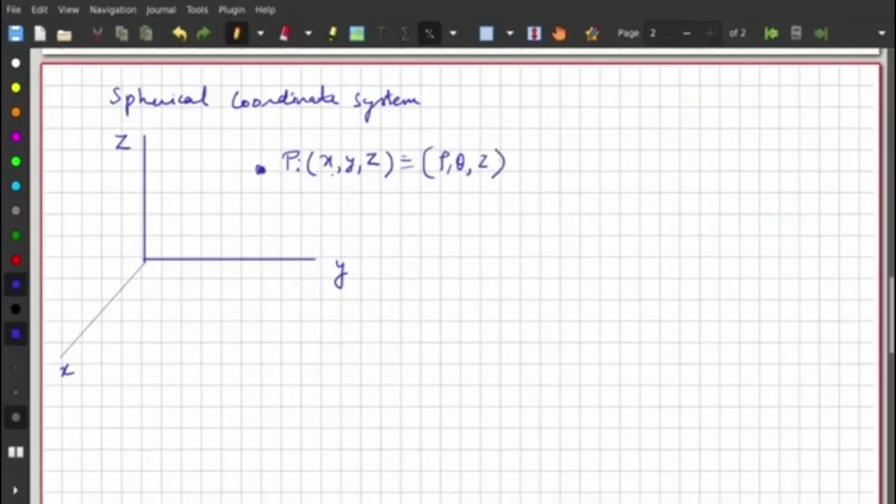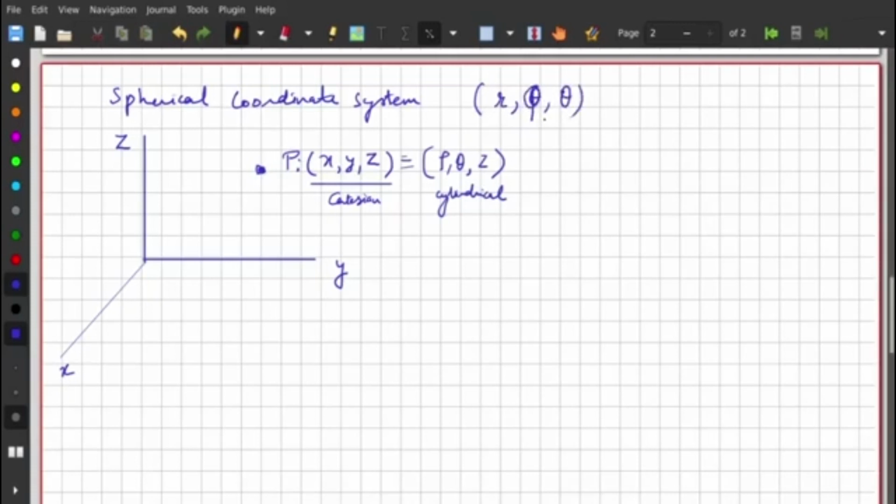So this was in Cartesian, this was in cylindrical, and now we represent the same point in spherical, and that spherical coordinate system is given by a set of numbers which is r, phi and theta.